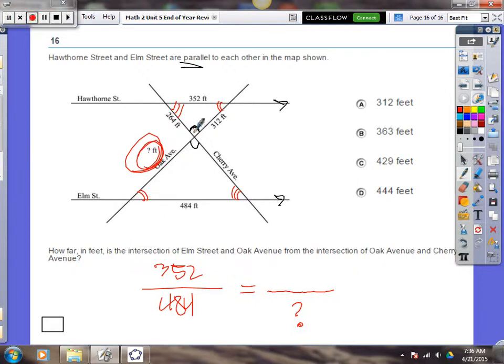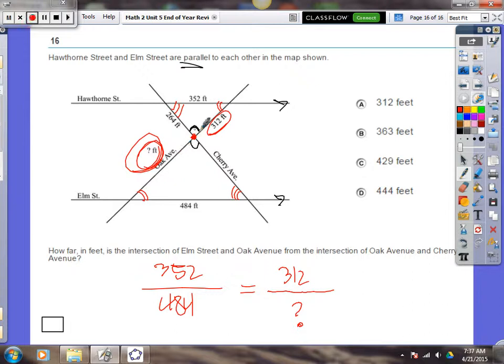So in between the 1 and the 2 marks is 312. 312 has to go here. So if you put a nail right here in this intersection, then you've got to rotate this. You've got to bring this 312 and swing it down. And then it's oriented the exact same way as this big triangle on bottom.